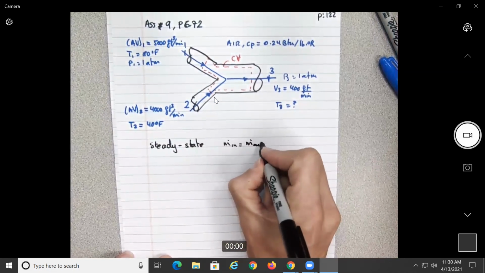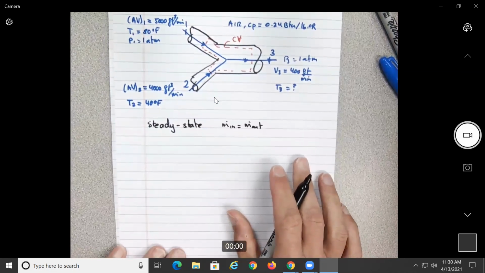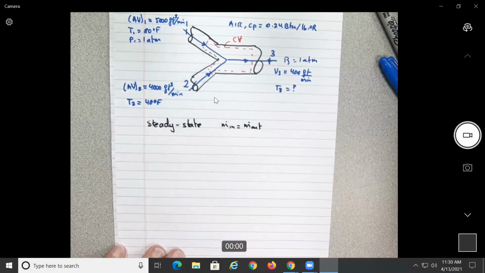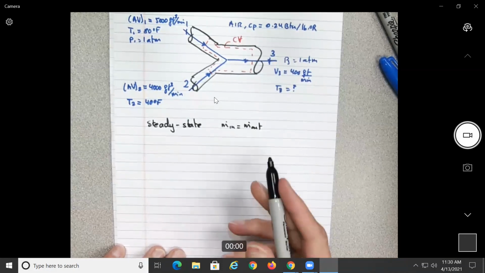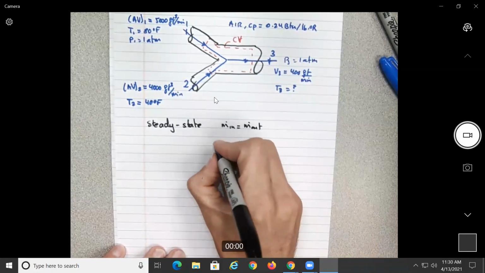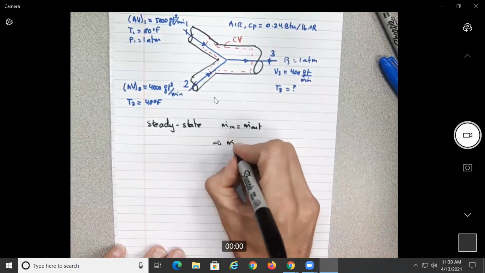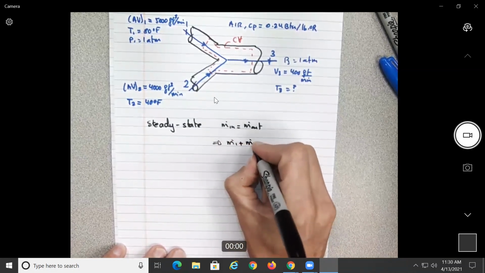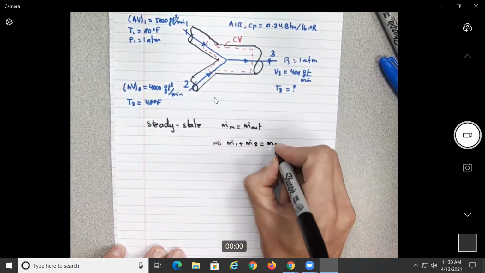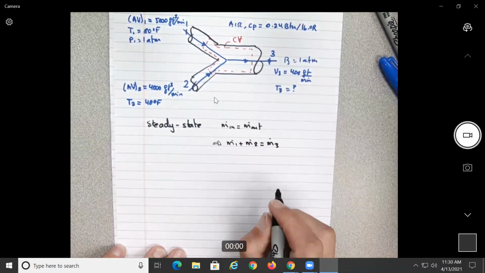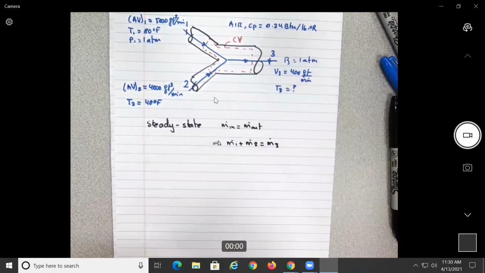That the amount of mass coming in should be equal to the amount of mass coming out. So in this case, this is going to imply what? M1 plus M2 should be equal to M3. Okay?